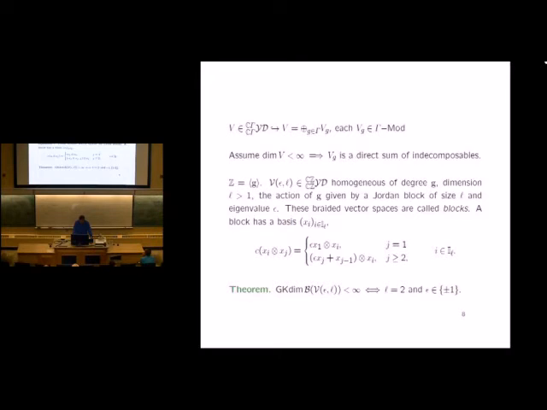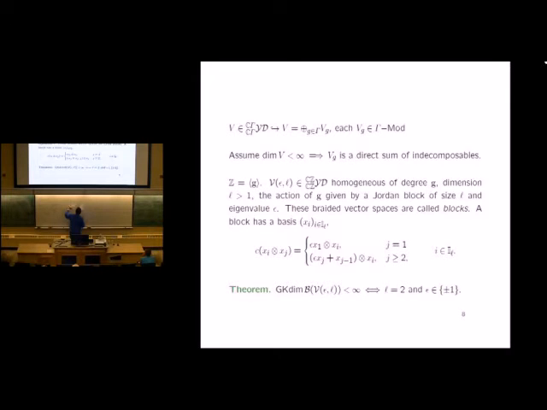So let me start by the case where our group is the infinite cyclic group, generated by this element g. And let me define V(epsilon, L) as the Yetter-Drinfeld module which is concentrated in homogeneous degree g, with dimension L, and such that the action of the generator of the cyclic group is given by a Jordan block of size L and eigenvalue epsilon. So this explains V(epsilon, L).